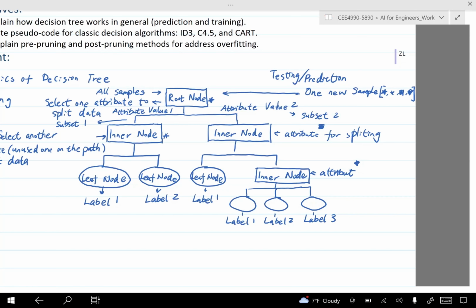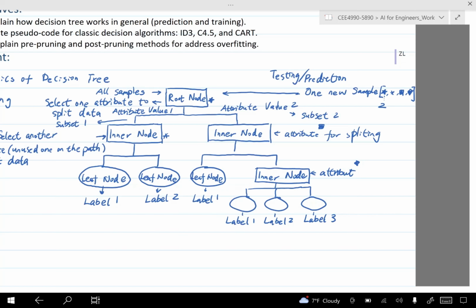So in order to do that, we need to take a look at the value of each of them. Let's say that this one has an attribute value of 2. So you go from here, the root node, let me change the color a little bit. So we start from here. Now we are talking about testing. We have the value 2. So we go to the attribute value 2 to the right. Next, we assess the attribute value for this square.